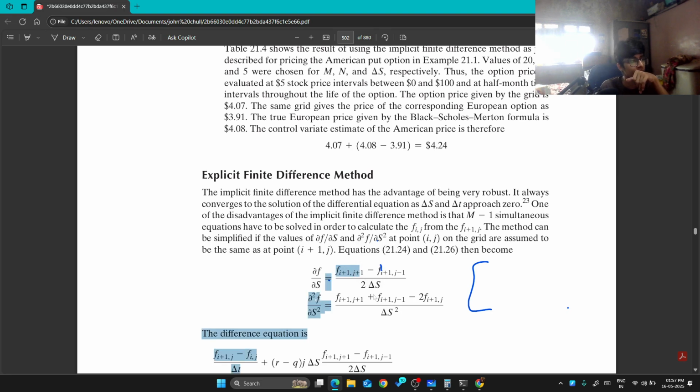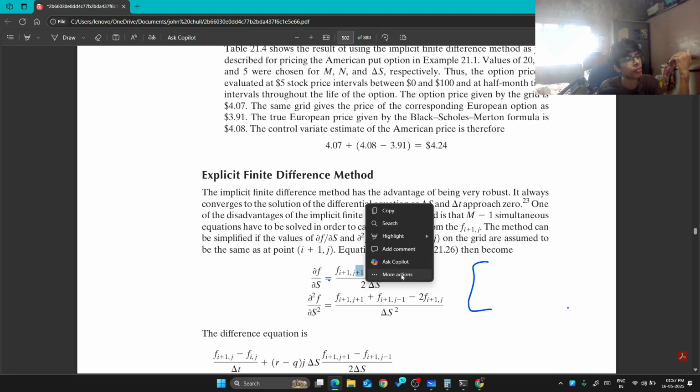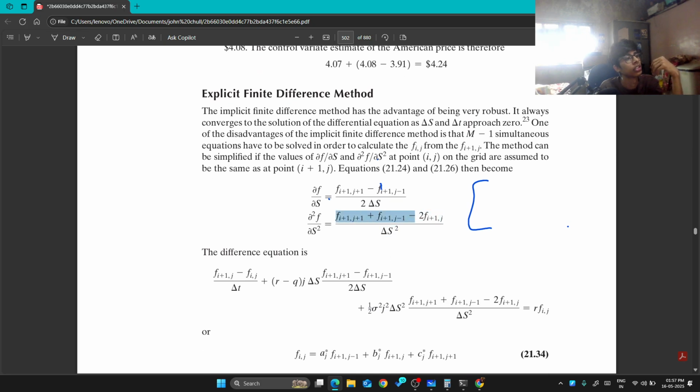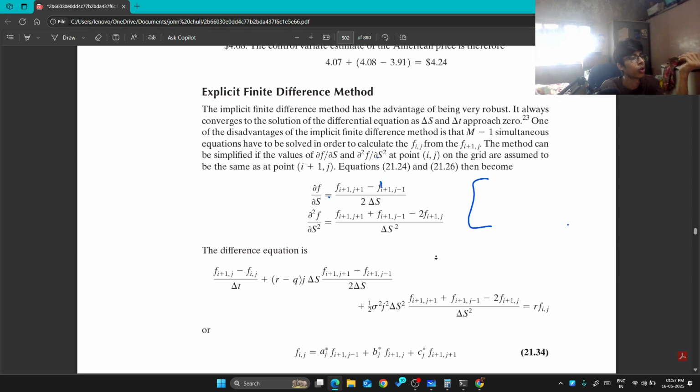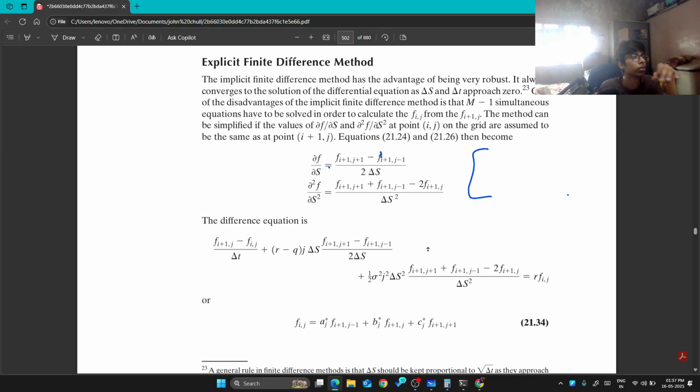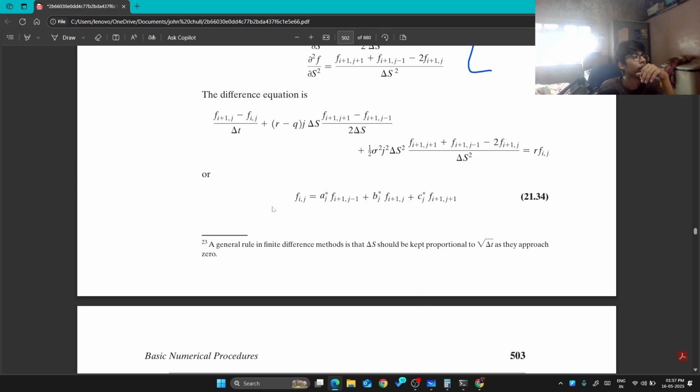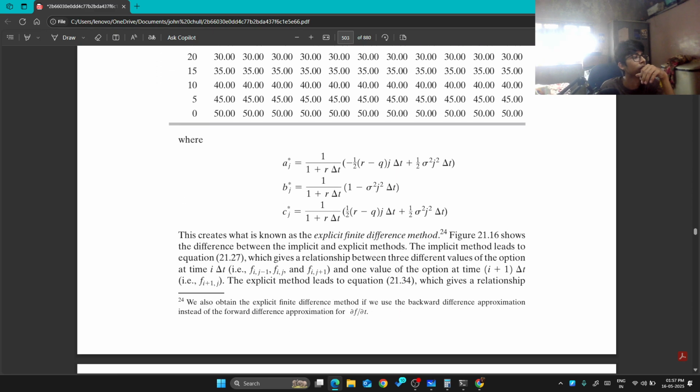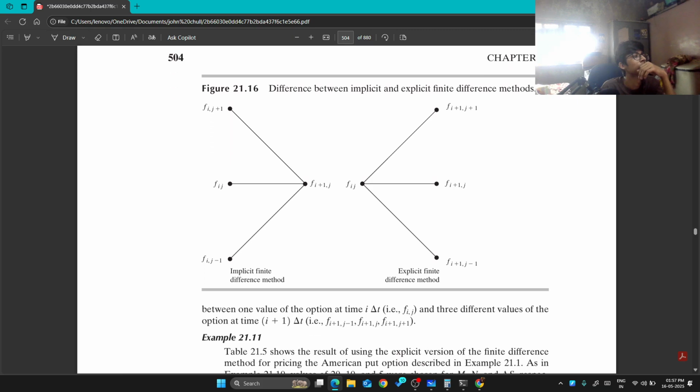So f i plus 1 minus, it is the backward and forward method, plus 1 minus, plus 1 minus 1. Okay, and for the second order derivative, this is the formula, plus 1 minus 1 and 2 times today's value, and after solving this, the value of the coefficient is given by this method, that is the explicit finite method, and this shows the relationship.